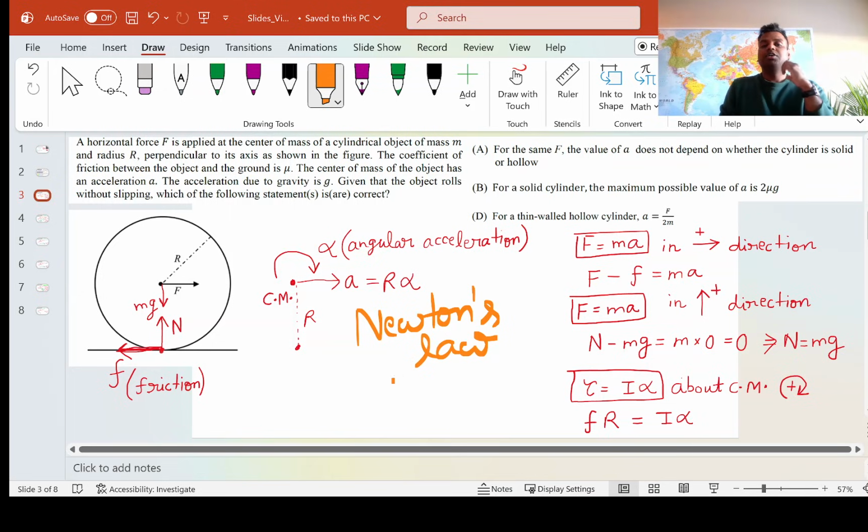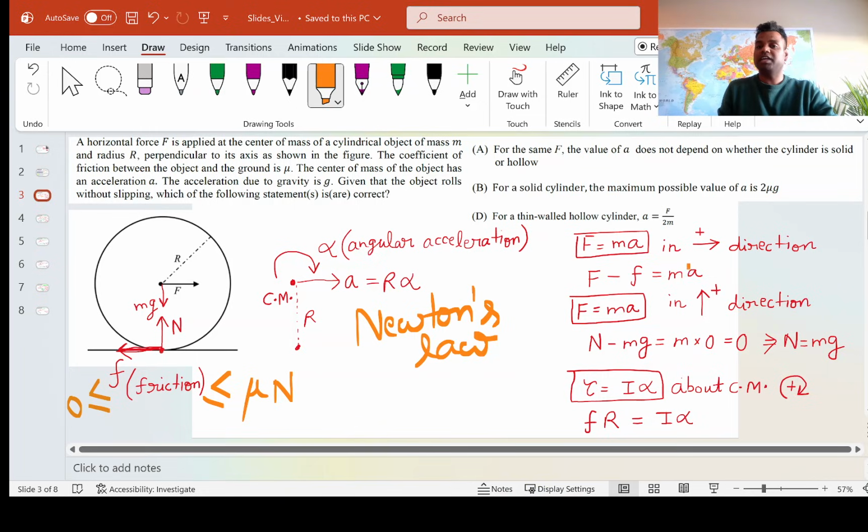So you have force F applied at the center, you have weight of the body at the center, you have normal force from the ground, and you have friction force. And that friction force will be between 0 and a max value, that is mu N. Now you write F equal to ma in horizontal direction, so F minus friction equal to ma.